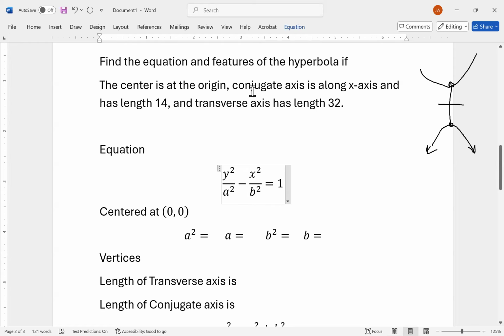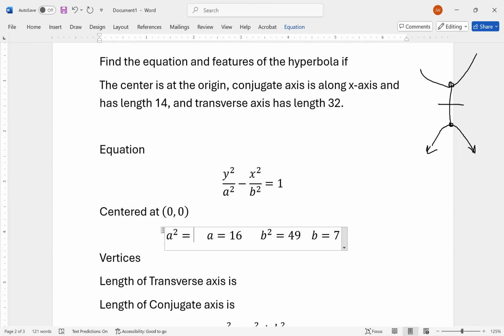Now the conjugate axis has length 14. That means b is 7. And that would also mean b squared is 49. The transverse axis has length 32. That means a would be equal to 16.